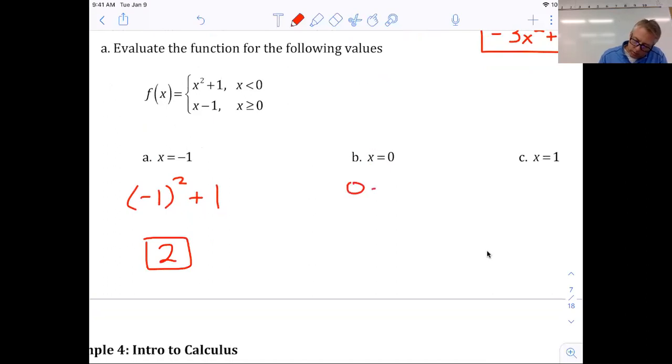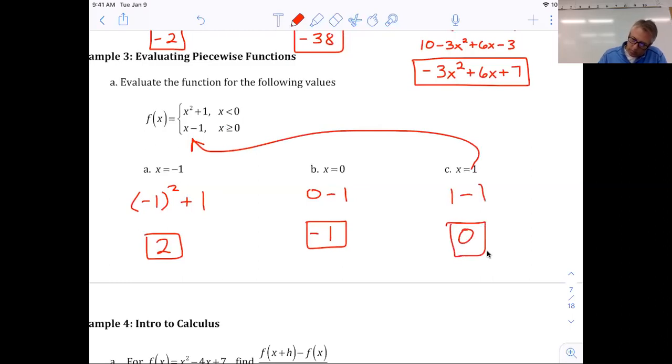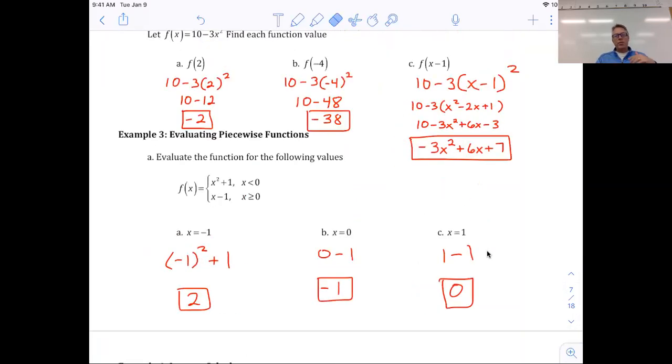So that's just going to be 0 minus 1, which is -1. And if x equals 1, well, 1 is also greater than 0, so I'm going to plug that into the bottom. So we get 1 minus 1, which is 0. So in a piecewise, we just have to be careful of what part of the function we're plugging it into.